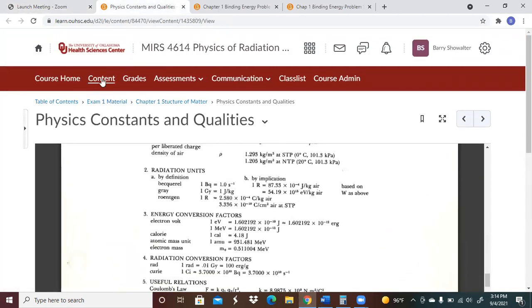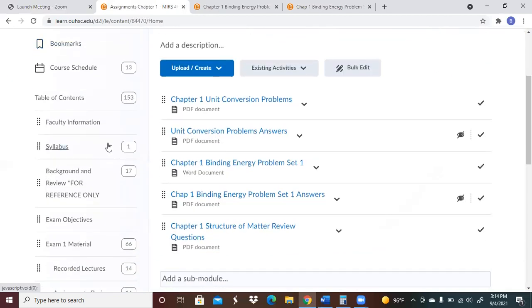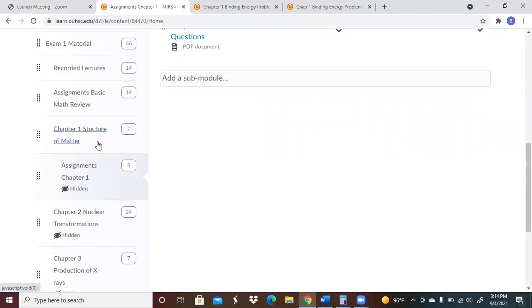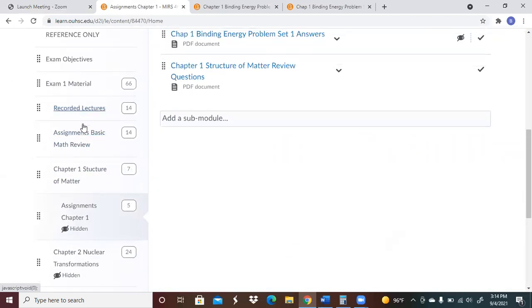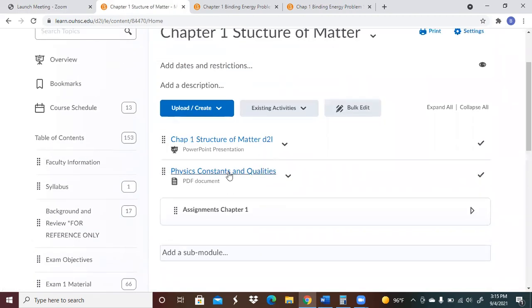If you go to, let's see if I can find it here in the content, the exam 1 material, then we're looking at chapter 1, structure of matter, and then what's underneath that. You will see physics, constants, and quantities.